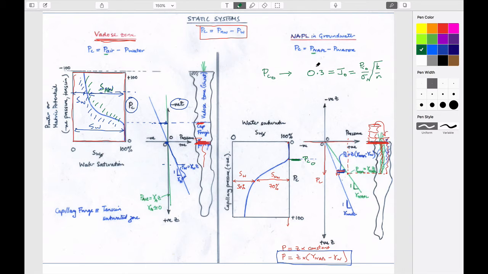If we know interfacial tension of the fluids, a material property, the permeability of your aquifer, and the porosity of your aquifer, the only term you don't know is the capillary pressure. And so I suppose you could figure out what the capillary pressure is.